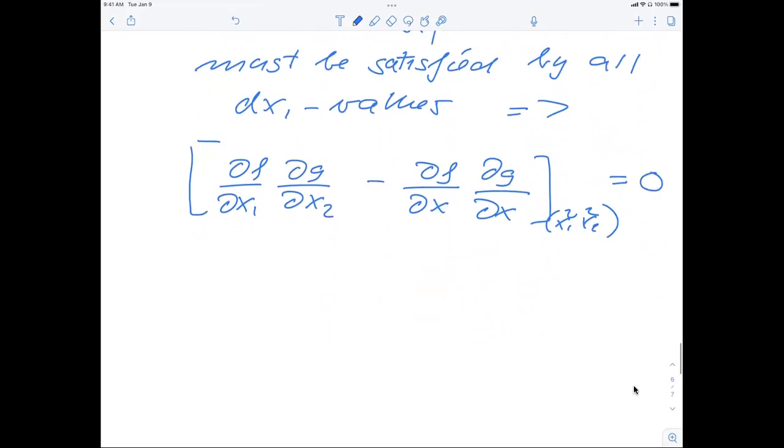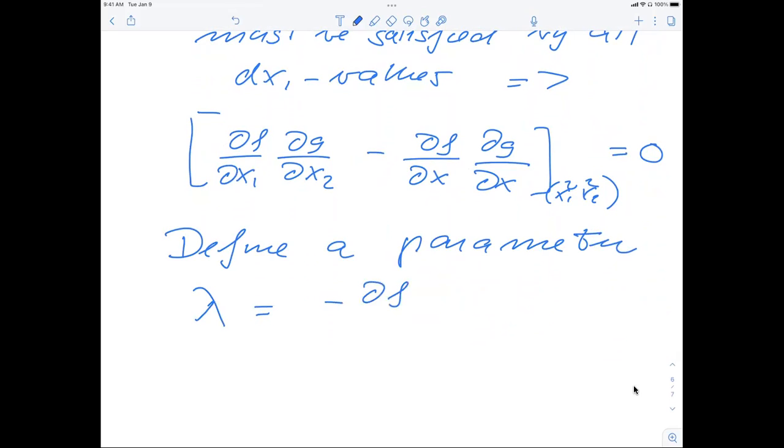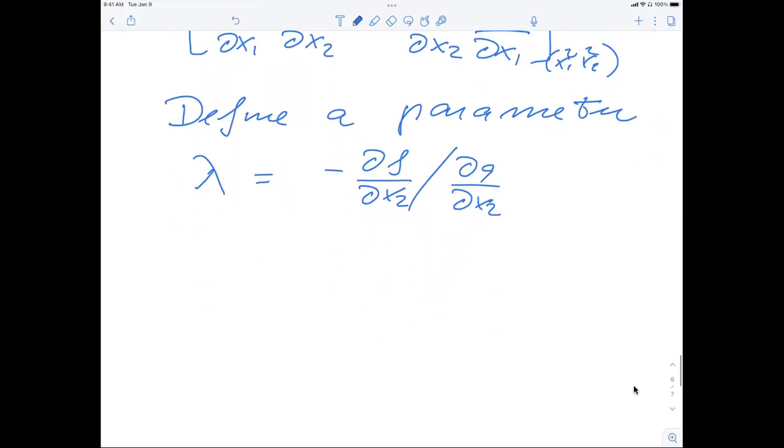Then it's pretty common to define a parameter lambda, and you can define this parameter in terms of the function as minus df/dx2 divided by dg/dx2, so all dependence only on x2.